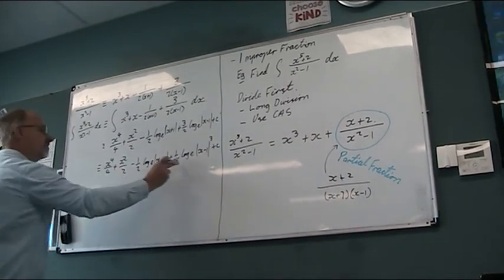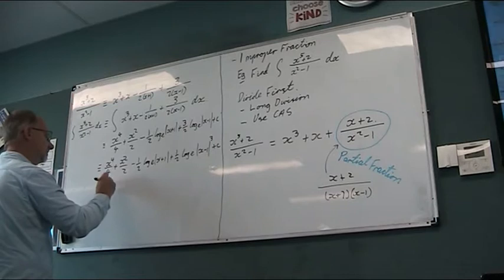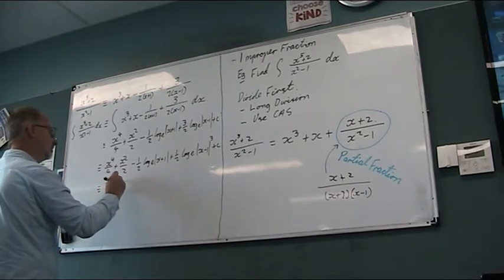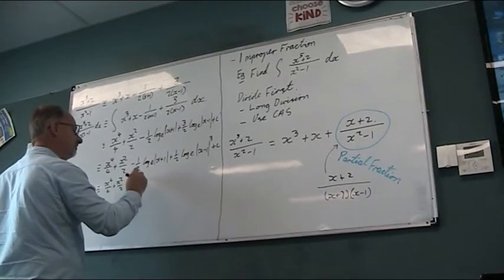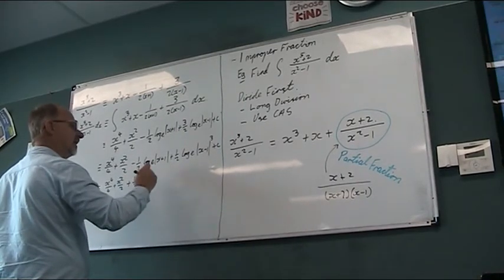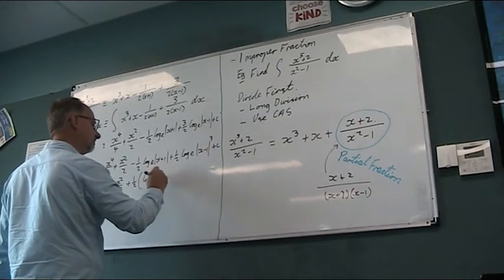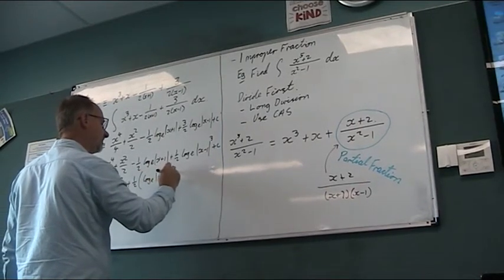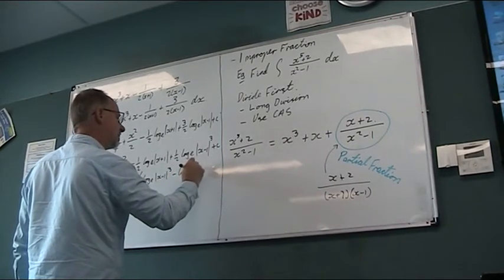And I'm going to take the half out here as a common factor, plus the half, so I've got log to the base e of x minus 1 cubed, minus log to the base e of x plus 1.